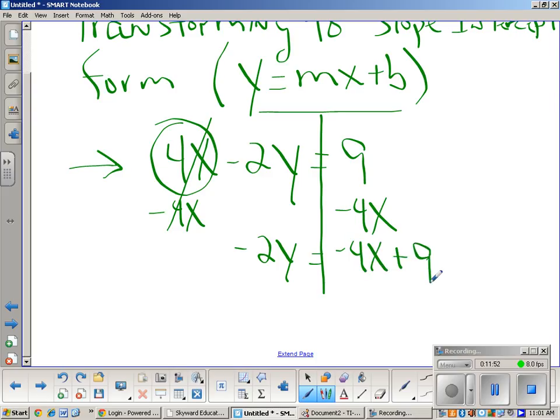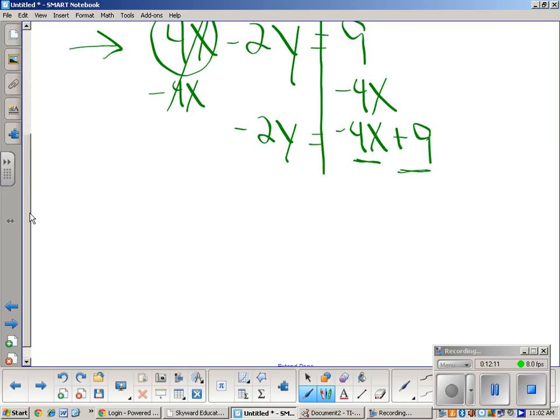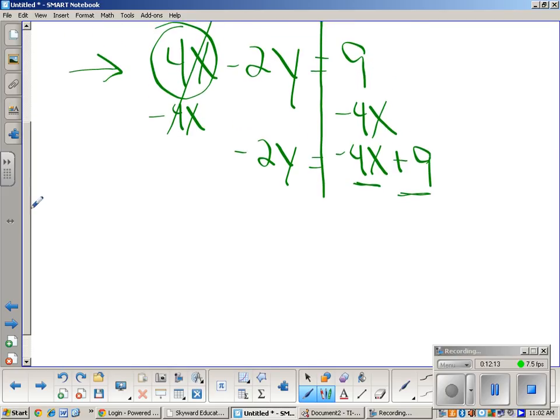Correct. Now I'm going to start writing it in slope-intercept form, y equals mx plus b. So notice how I wrote the x first over here and then the y-intercept second. But we're not finished yet because my y is not by itself.